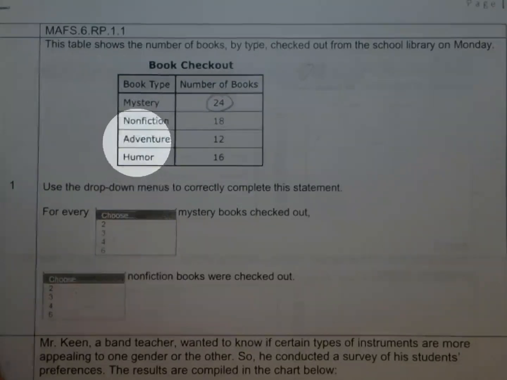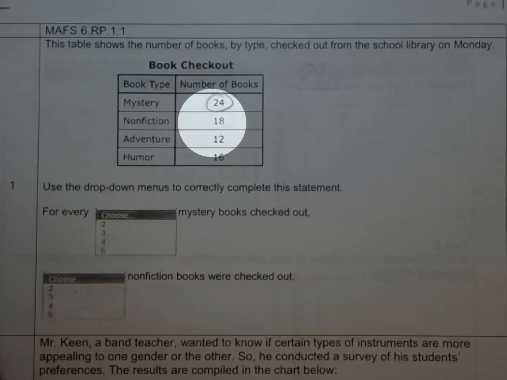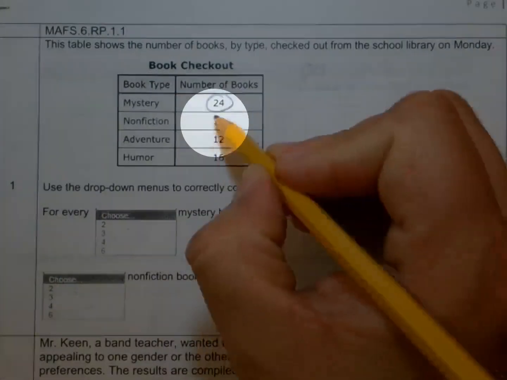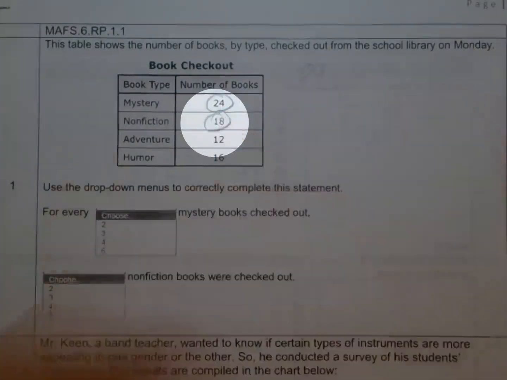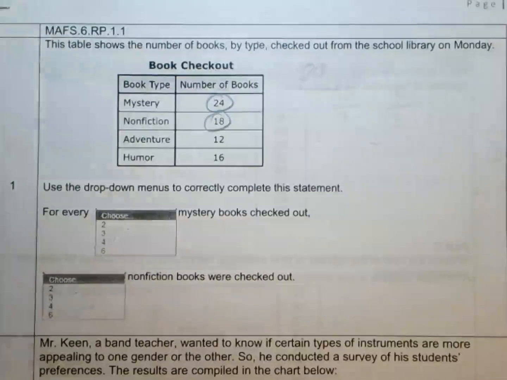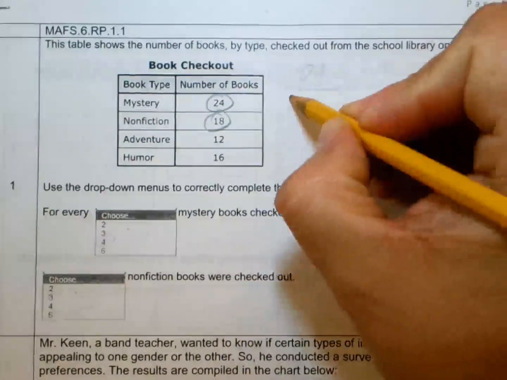Now we're going to do our math. We have 24 mystery books over 18 non-fiction. These two numbers are even numbers, therefore we're going to divide both by 2. 24 divided by 2 equals 12. 18 divided by 2 equals 9.